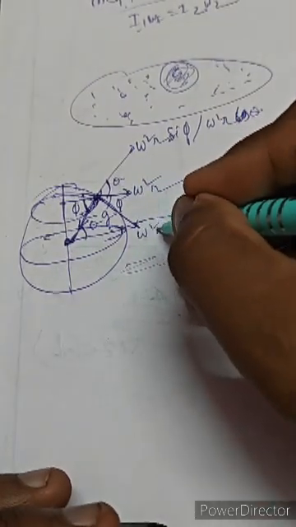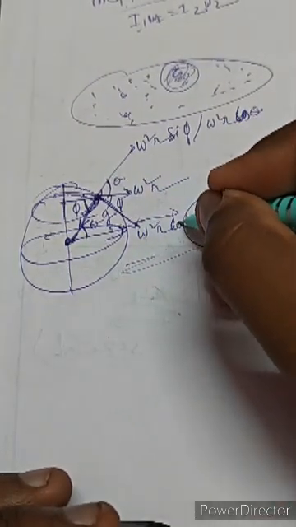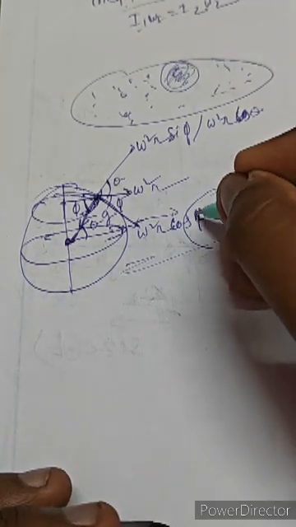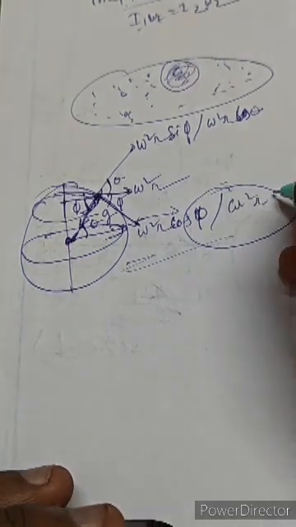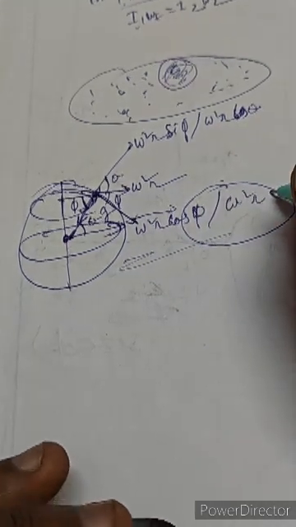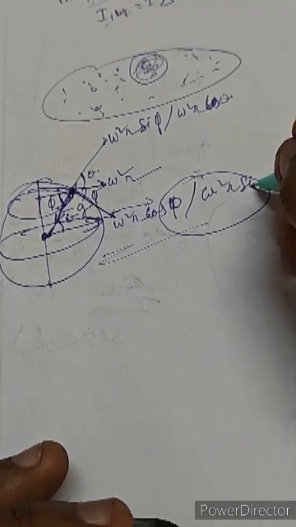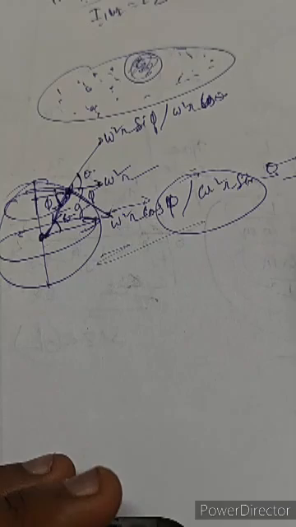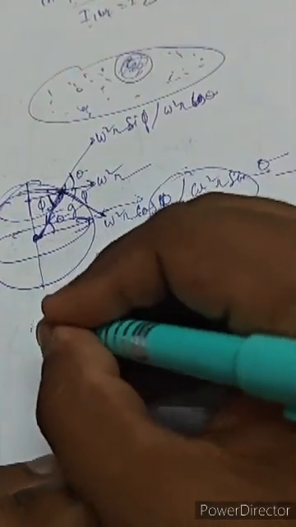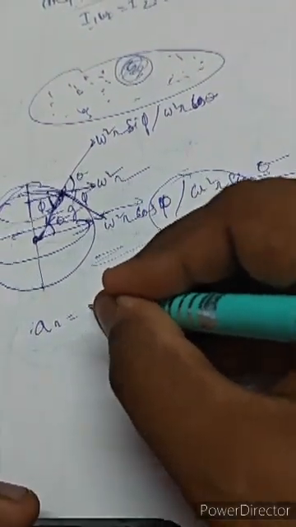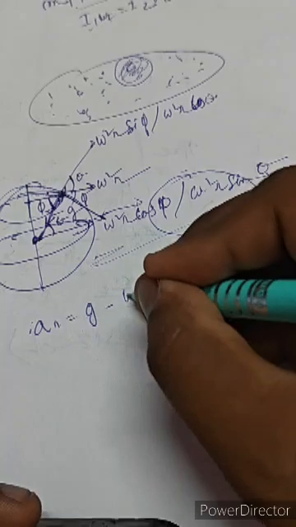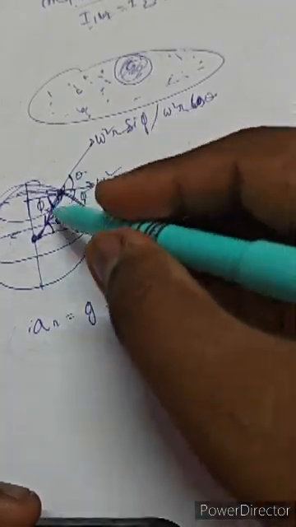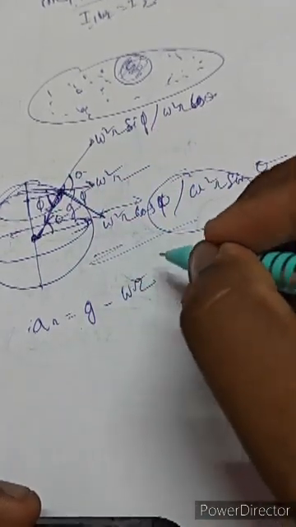Here omega square r cos phi, or omega square r sine theta. So the net acceleration is g minus omega square r sine phi, because the two are in different directions.